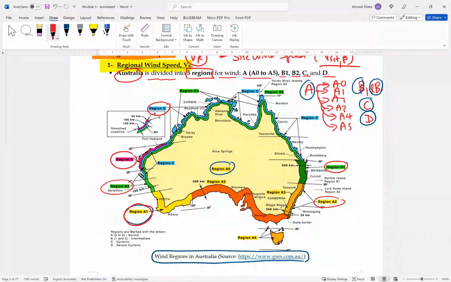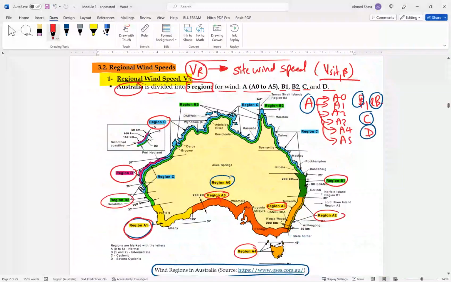The orange is region A4, the dark orange is A5, and here also the orange is A3. So this is all the locations or regions of Australia.